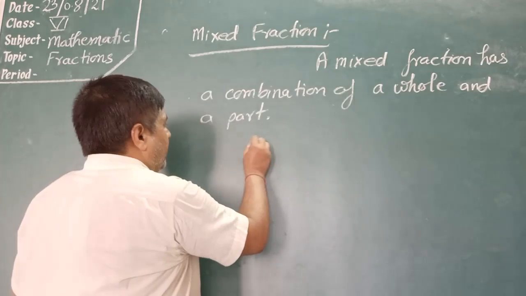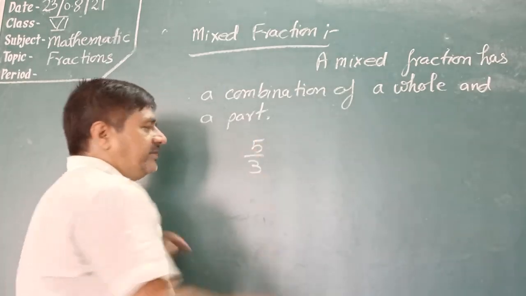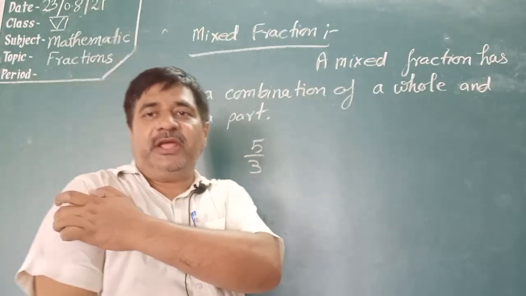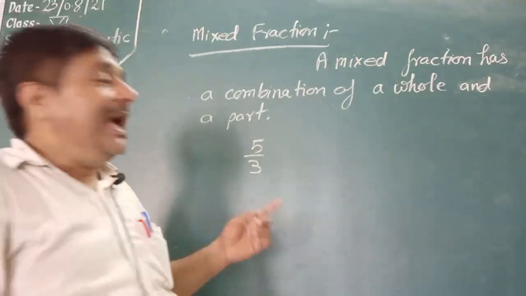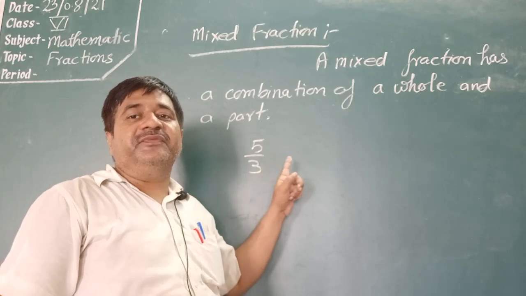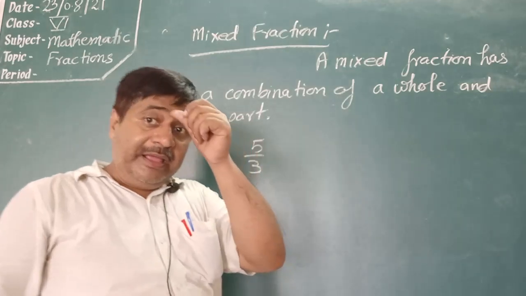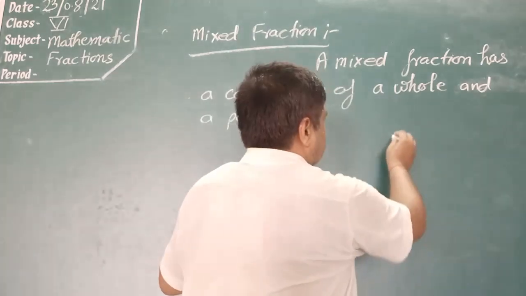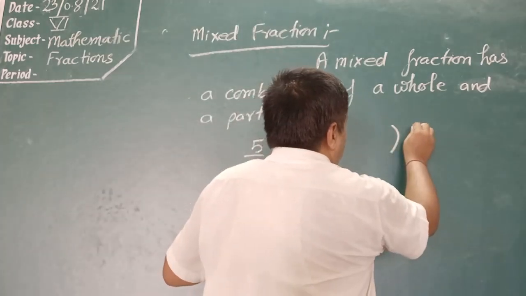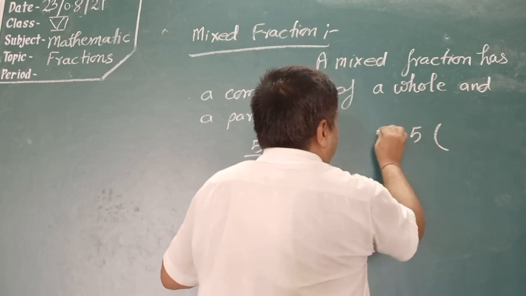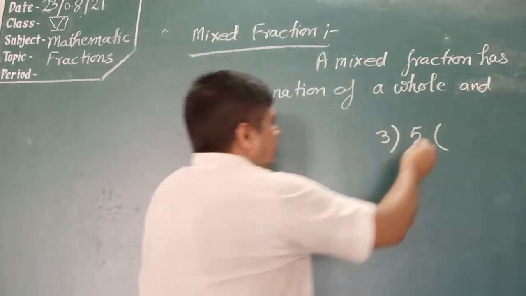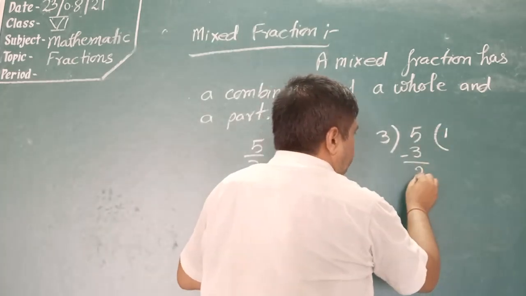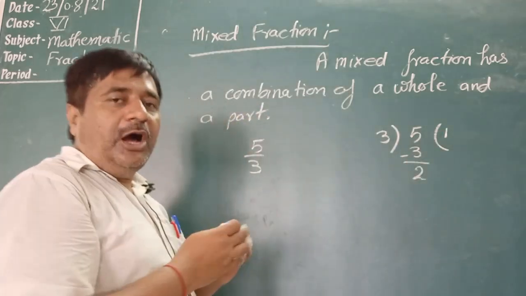Suppose I take 5 by 3. That is an improper fraction because 5 is greater than 3, and this improper fraction we can change into a mixed fraction. To make a mixed fraction, you divide 5 by 3. 3 ones are 3, and you subtract, then you obtain 2.